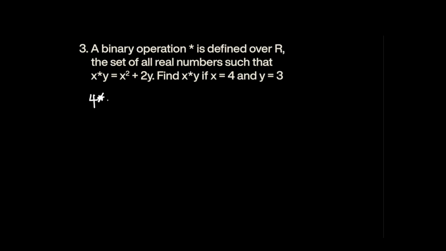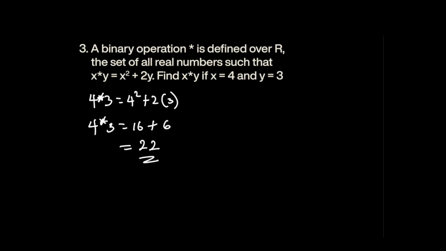We therefore have 4 operation 3 equals 4 squared plus 2 into bracket 3. 4 operation 3 is therefore equal to 16 plus 2 times 3, that's 6. And our result is going to be 22. So if that should be the case now, we are done. So in 3 steps, you are done already. So we'll move to the next question.